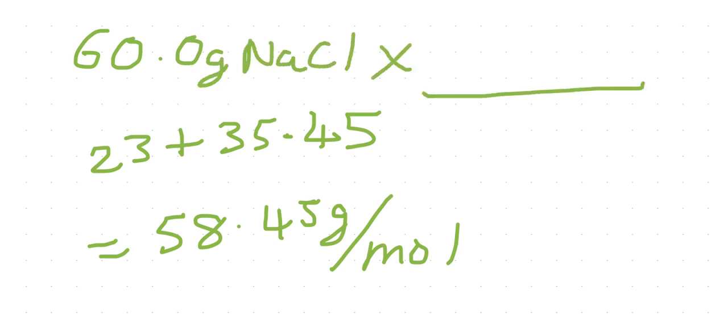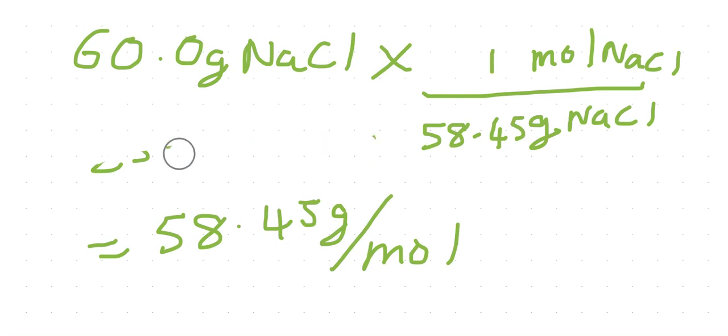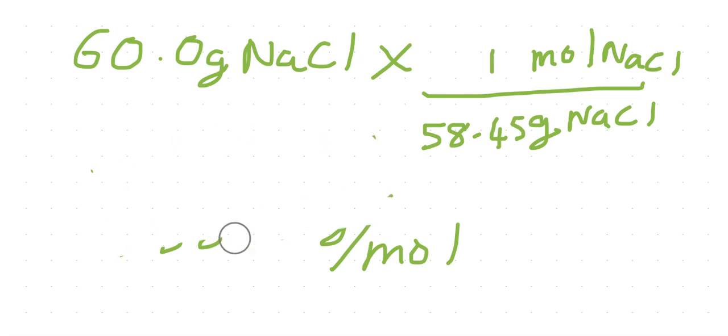We're going to multiply this. I want grams in the bottom, and I want moles on top. The molar mass, 1 mole. I'm going to get rid of this calculation in the bottom here.